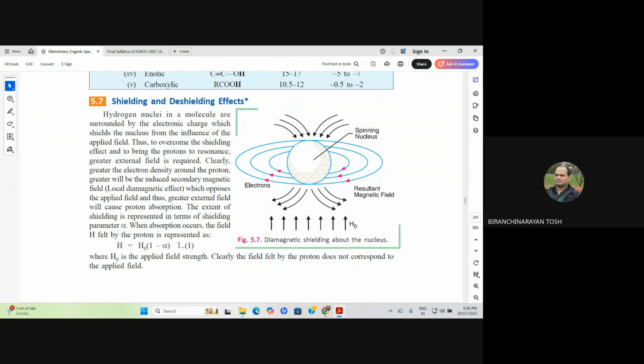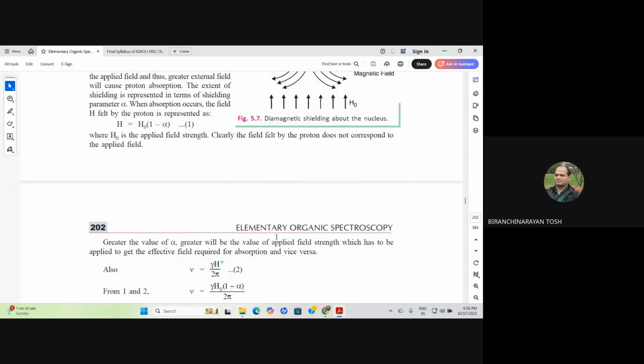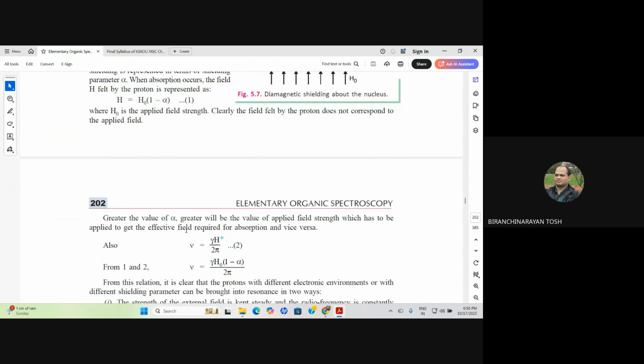Alpha is the shielding parameter. So the greater the value of alpha, the greater the applied field strength which has to be applied to get the effective field required for absorption, and vice versa.